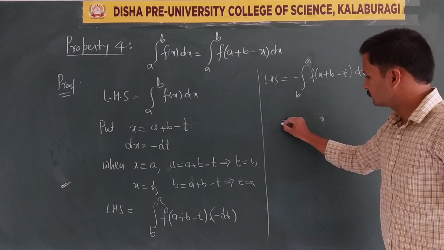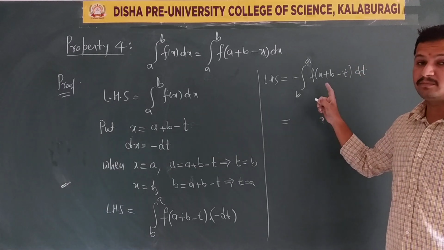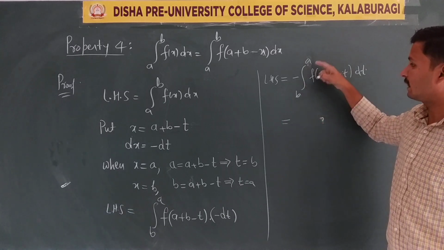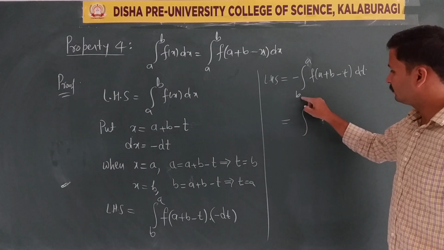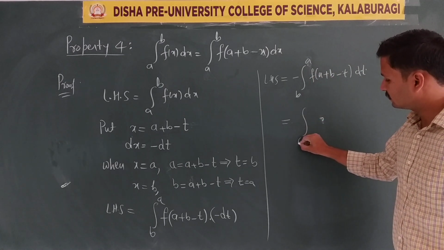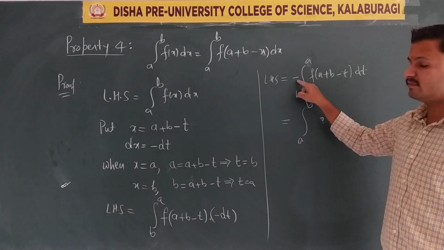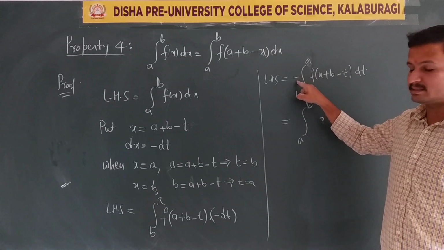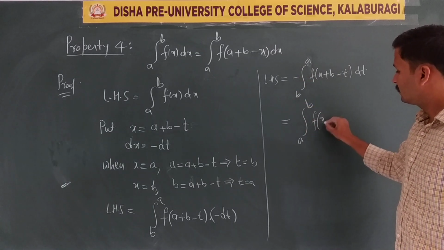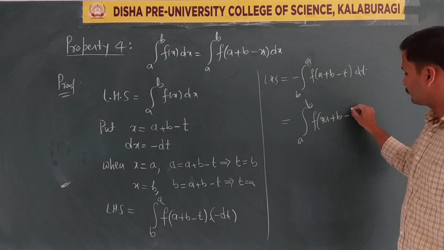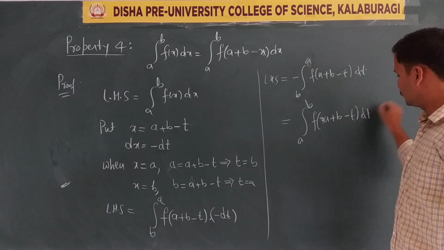Here use property number 2. That means just interchange the limits of the integration. Here b to a is there, so I will take a to b, then the sign of the integral changes. Here minus is there, so it becomes plus, integral of f of a plus b minus t dt.